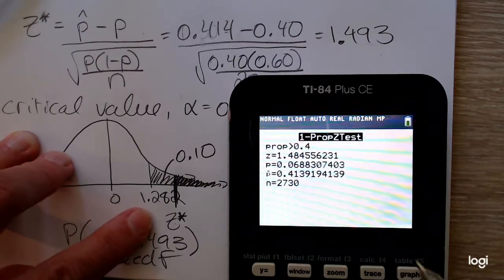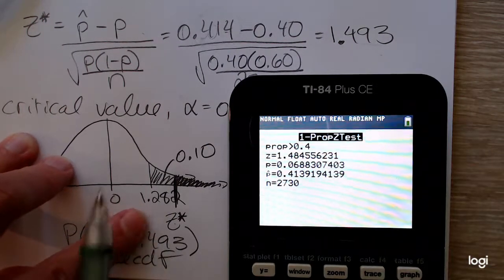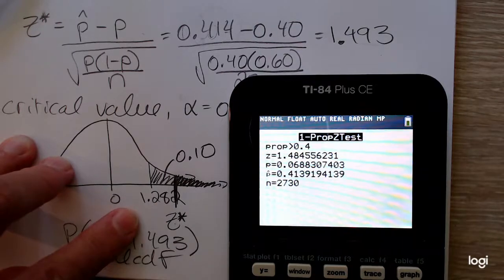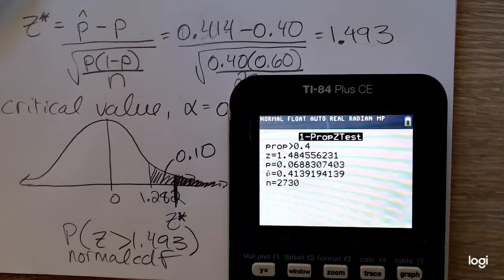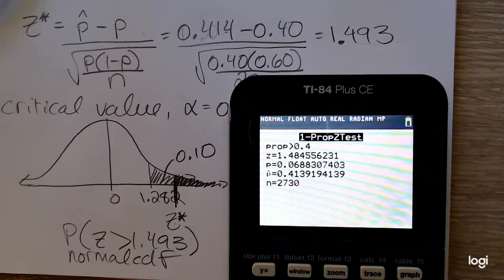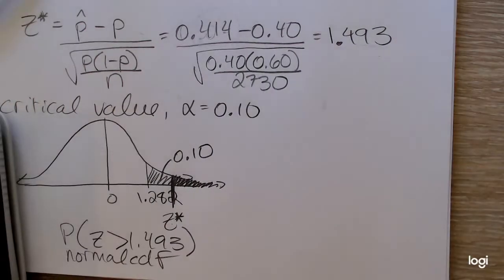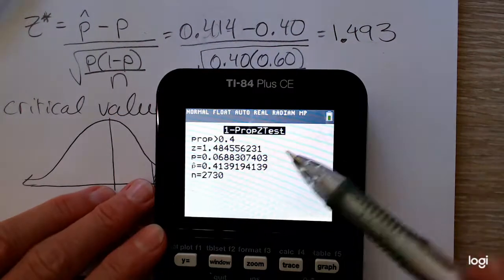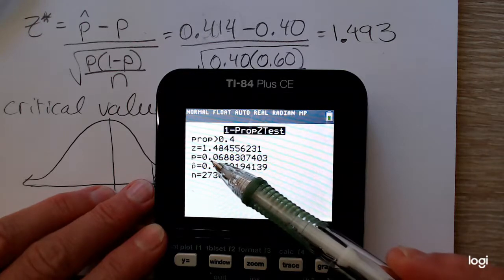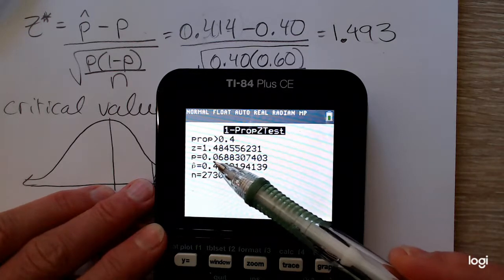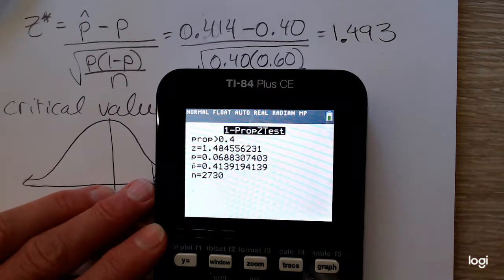Looking at where this is placed with respect to the critical value, the decision is the same. We are going to reject the null hypothesis. Oh, and looking again at the screen, underneath that test statistic is the corresponding p-value.